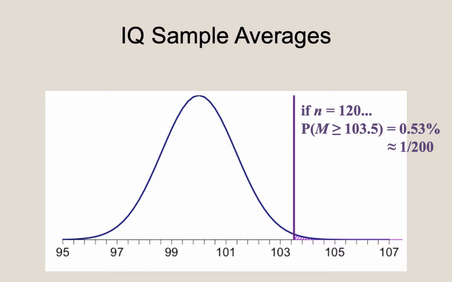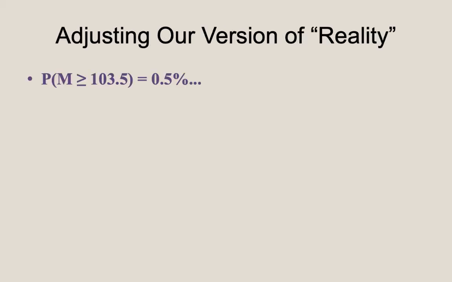To clarify, I could say that I believe this blue bell curve to represent reality, because I know it agrees with what I know about the sampling distribution for the conventional IQ test. And what I have is an observation of 120 individuals with a mean IQ of 103.5. Let's apply the same question as above. Would this be a surprising finding?